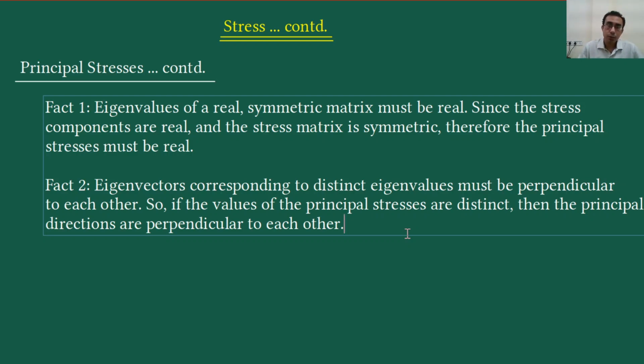Suppose we choose our coordinate axis to be oriented along these mutually perpendicular principal directions, then what will happen? Now this might seem like a very artificially concocted type of question, like just because they are perpendicular to each other, what is the motivation for this? And you'll see in a moment what is the motivation. Things become really nice and clean if we do that.